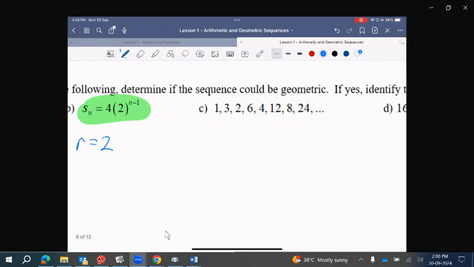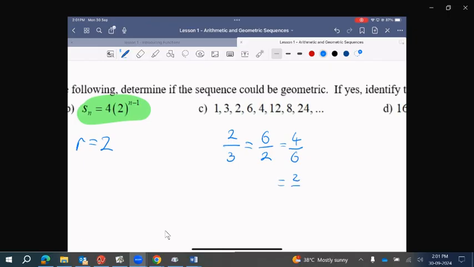Let's do the test on this one. So take any term in the sequence. I'll take the 2 and I'll divide it by the previous one. If I take the 6 and I divide it by the previous one, and I take the 4 and divide it by the previous one, is that the same number? No, clearly not, is it?